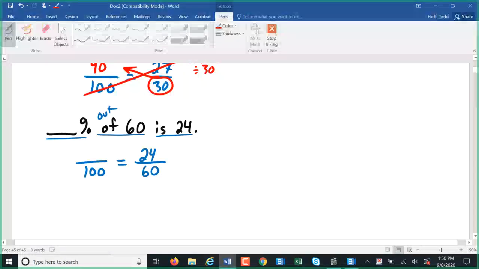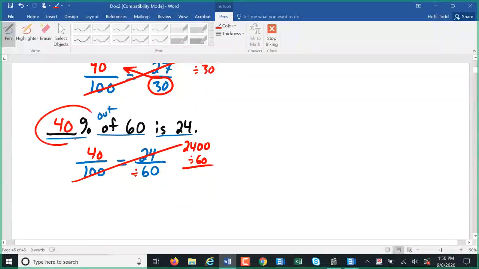Once again, we cross multiply the two numbers that are diagonal. 100 times 24 is 2,400. And we divide by the 60, giving us 40. 40 out of 100, or 40% of 60, is 24. Any questions there?